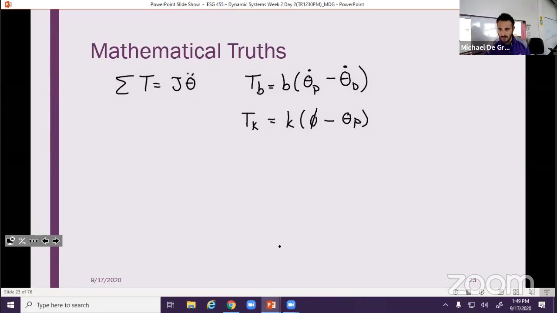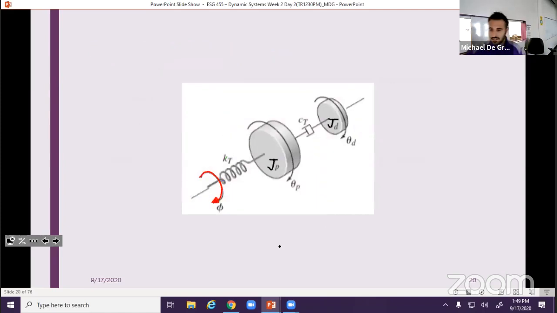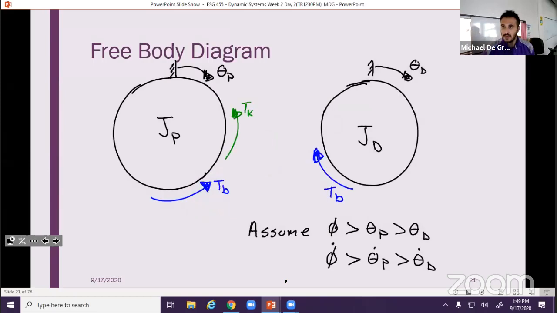And again, I just want to show this. This spring, if we're assuming that it's moving on this side and this is driving my motion, I'm going to assume that that is TK on this side, which means it has to be the other way here. And so I actually drew it the wrong side. That's why I have TK pointing this way. So let's go back and talk about this.